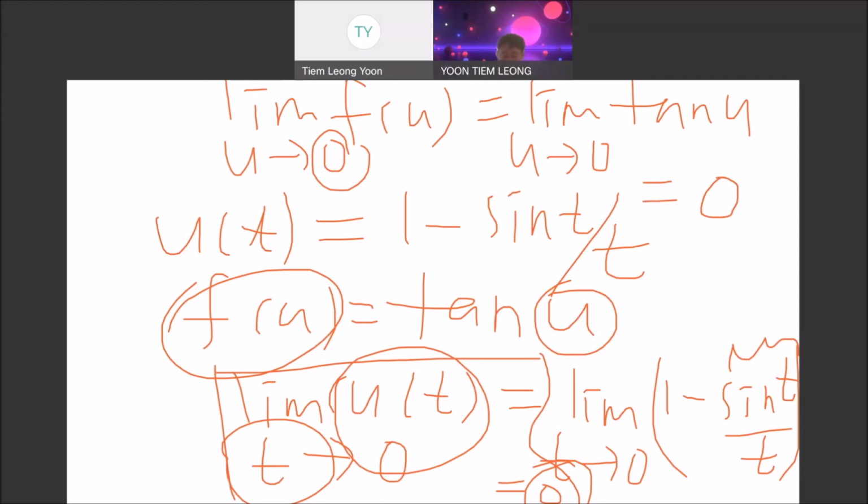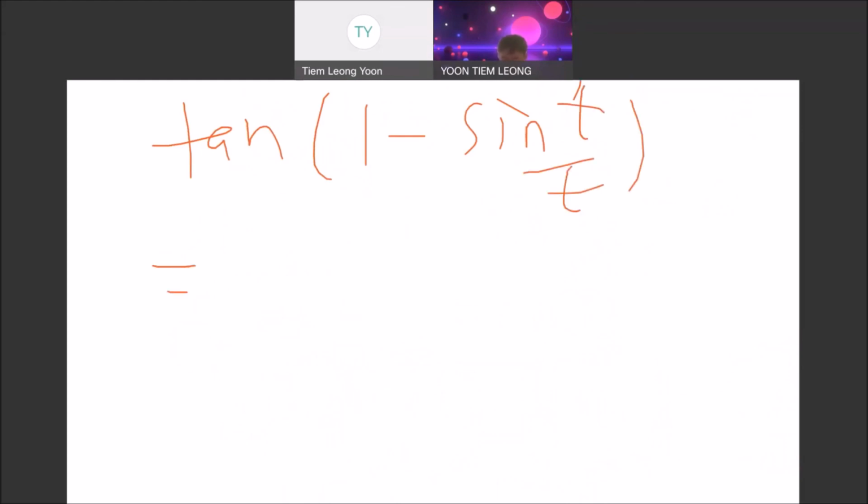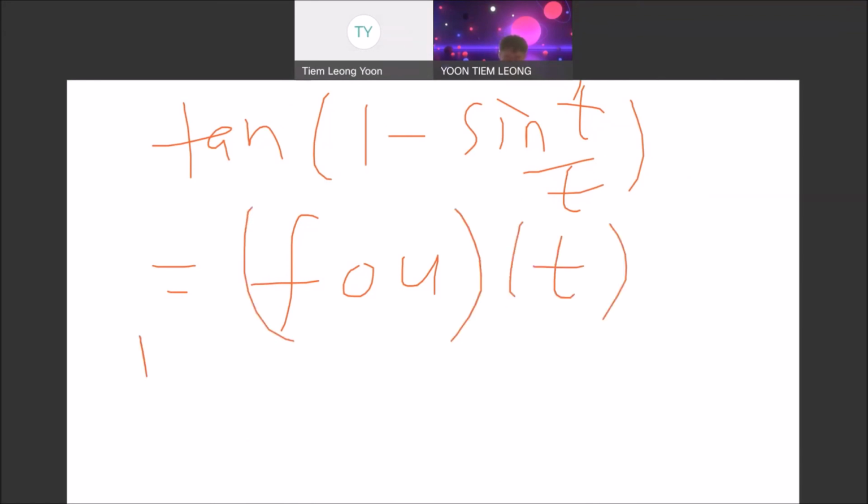At this stage, we have established the simple fact that if you have a function tangent of 1 minus sine t over t, which you write as f composed with u, and this whole thing is a function of t, then we have proven that the limit of u of t when t tends to 0 exists and is equal to 0.